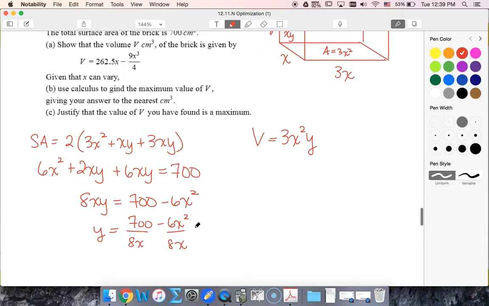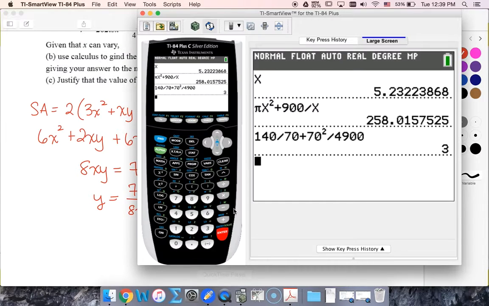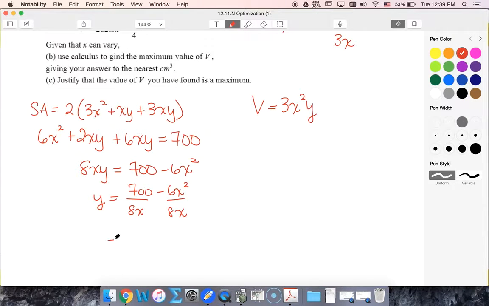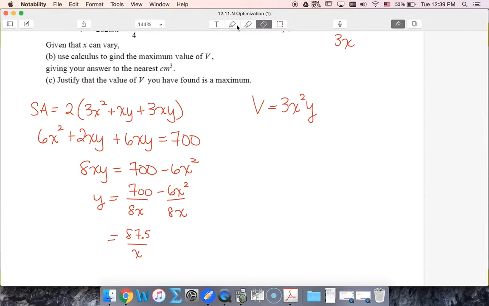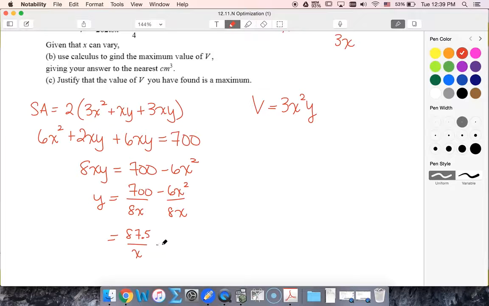Now I'm going to simplify. 700 divided by 8 is 87.5 over x. 6 divided by 8 is going to be 0.75. And then x squared divided by x leaves an x.